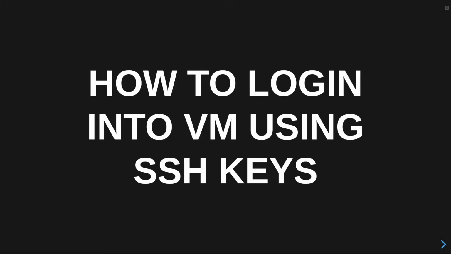So let us see how we can create the SSH keys and then submit the public key so that we can log in to the virtual machine. The first steps may be a little different depending on whether you're using Linux, Unix or Mac, or whether you're using Windows.